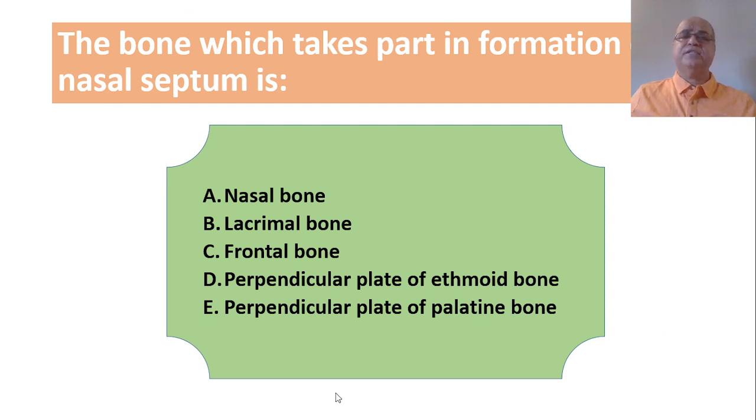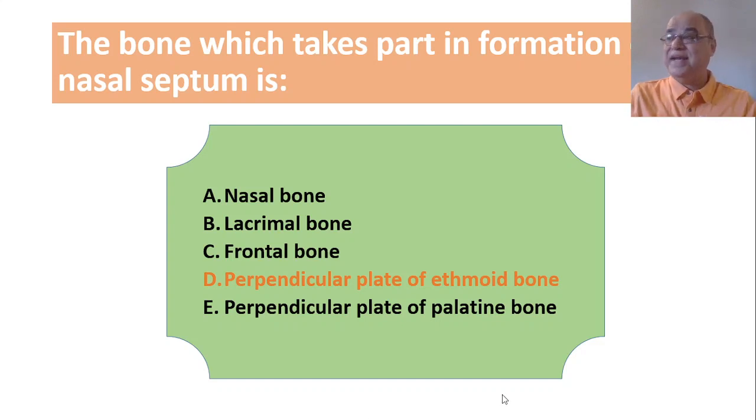The bone which takes part in the formation of nasal septum is. So again, as I just mentioned before, we have to go for the most appropriate answer. In the picture we have seen that there is minor contribution from the nasal bone, then minor contribution from the frontal bone, but perpendicular plate of the ethmoid forms one of the major contributions in the osseous framework of the nasal septum.